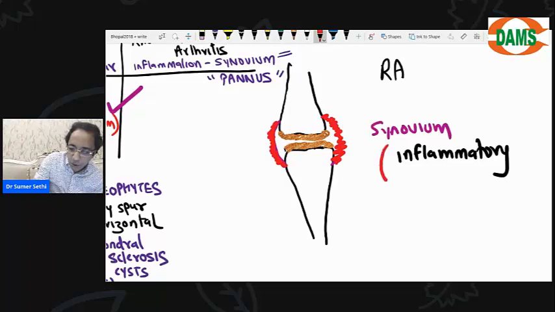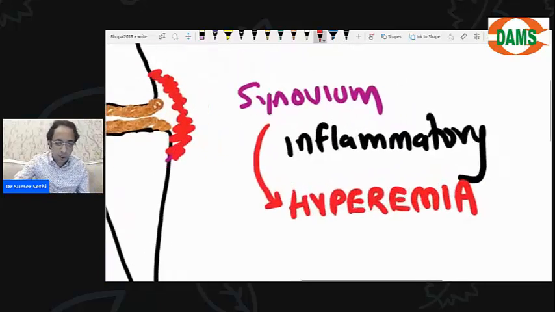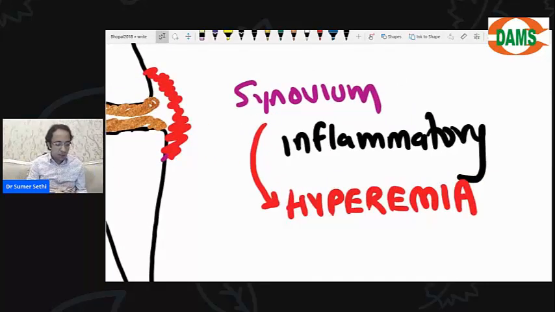Now, whenever the synovium becomes inflamed, you have increased blood flow in the synovium. We will call it hyperemia. In rheumatoid arthritis, the synovium will get inflamed, and that is called as inflammatory response.